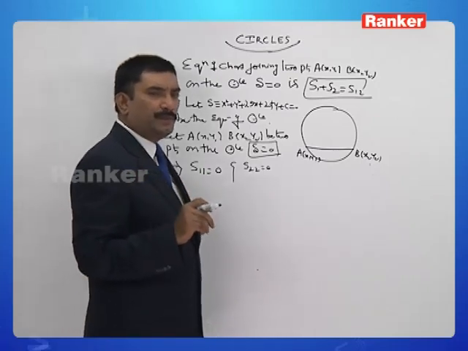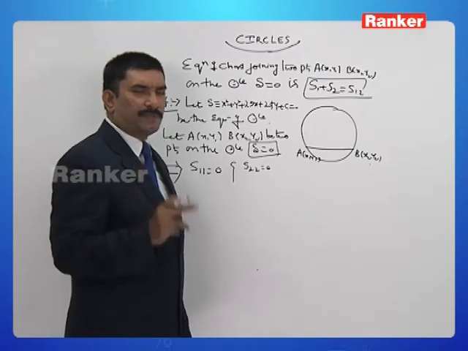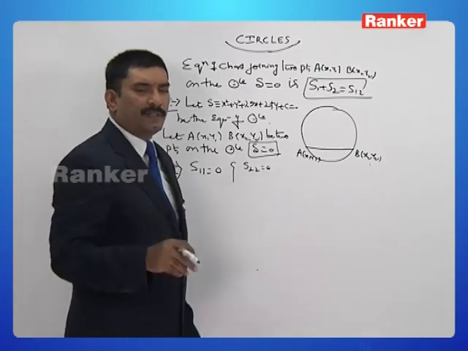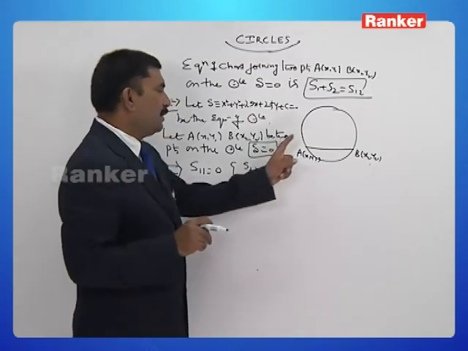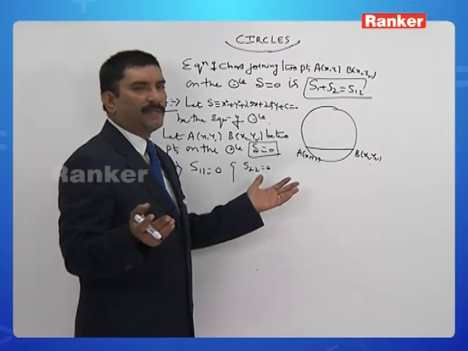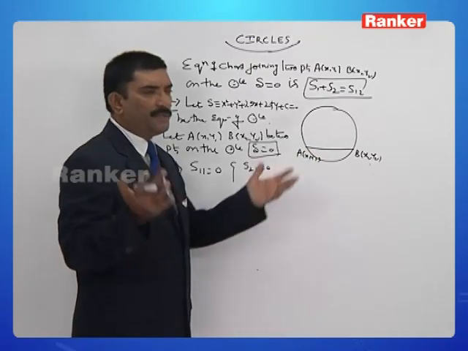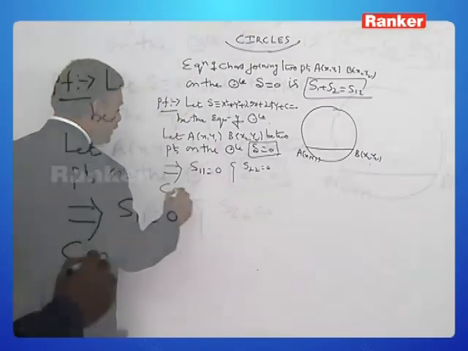What is S22? x2 square plus y2 square plus 2gx2 plus 2fy2 plus c. Since these 2 points are lying on the circle, S11 is equal to 0 and S22 is equal to 0.